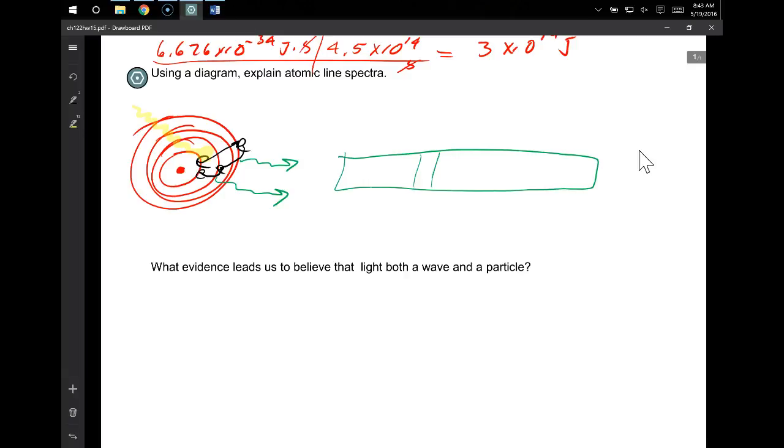And depending on the number of electrons that substance has, and the availability of open spaces for it to jump to, it produces different colors of light. The other way we could have done this is you could have done an energy level diagram.